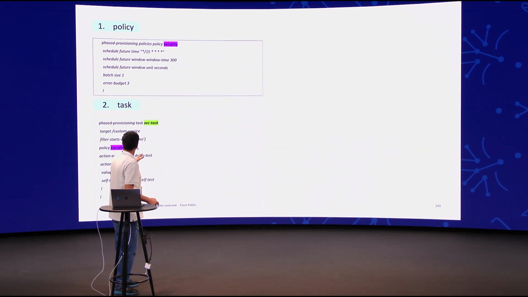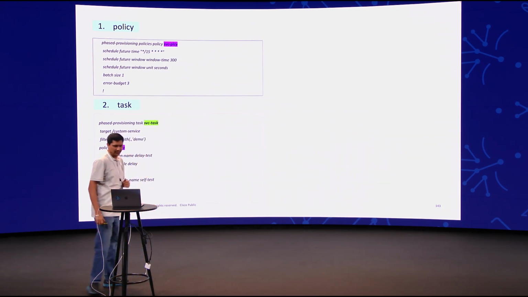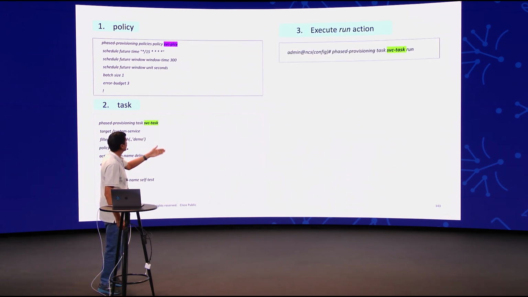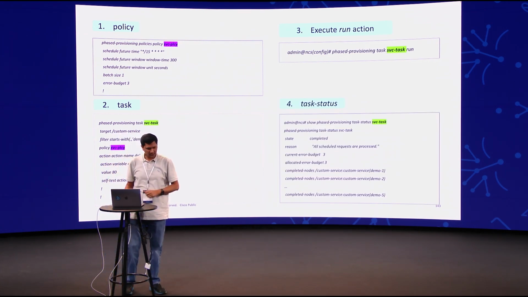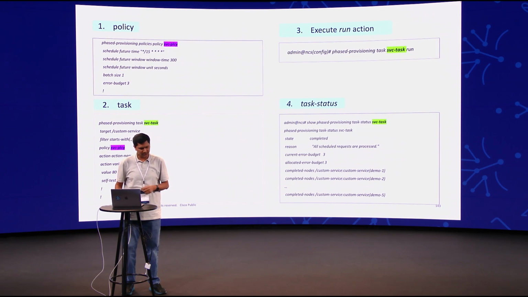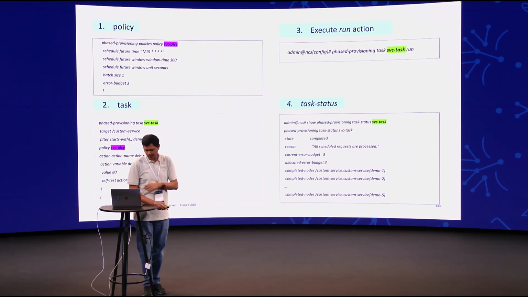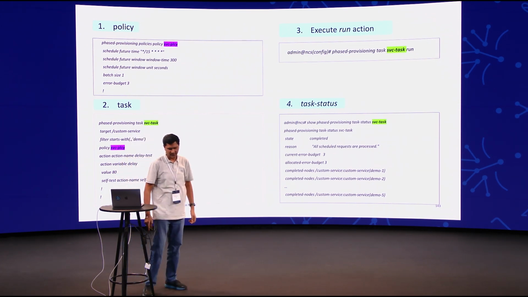And we create the task. Here we are saying the target node as the custom service, which is the root node of the service you have. And I'm picking up only the ones starting with demo, and run the action and monitor the status. So I will show all this in a demo. So for now, let's go to the next slide.